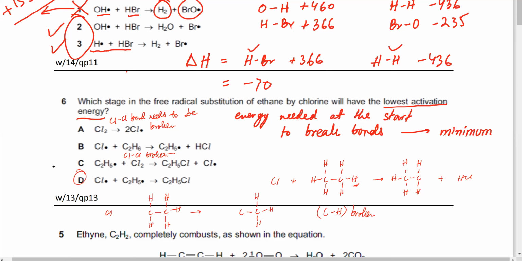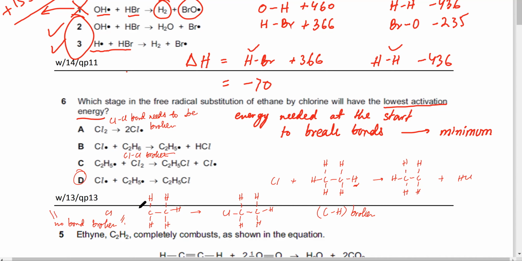So there's C2H5 and the Cl, they just simply combine to form this C2H5Cl molecule. So in this reaction, not a single bond has been broken. Now this indicates that there would be absolutely no energy needed at the start to break the bonds, because in this entire reaction you're not breaking a single bond.